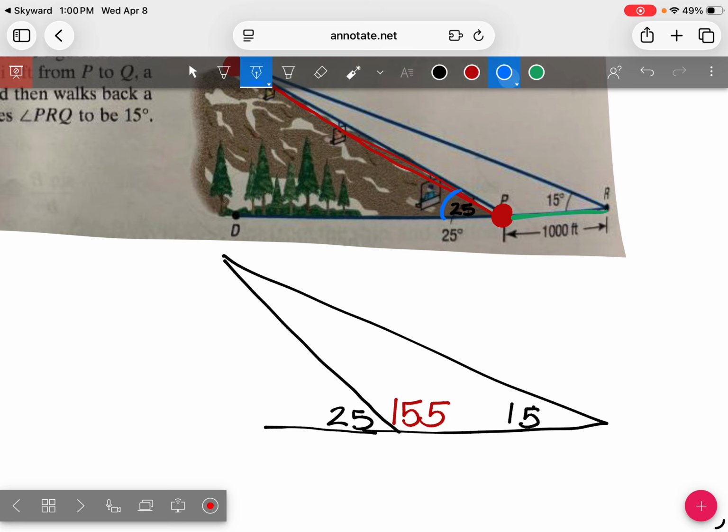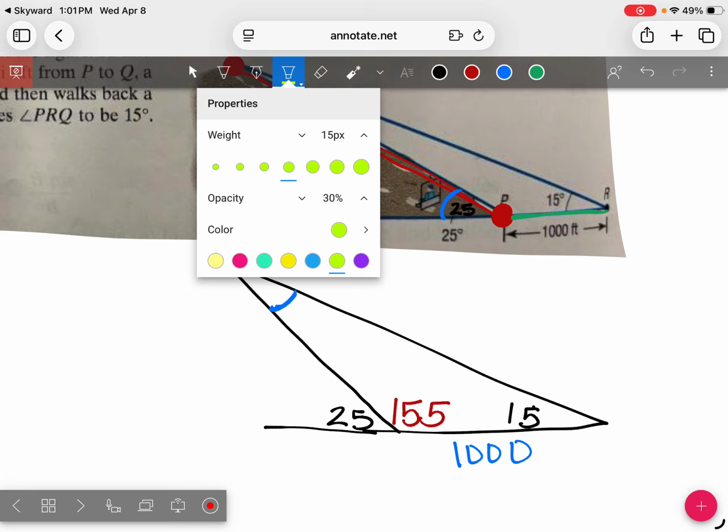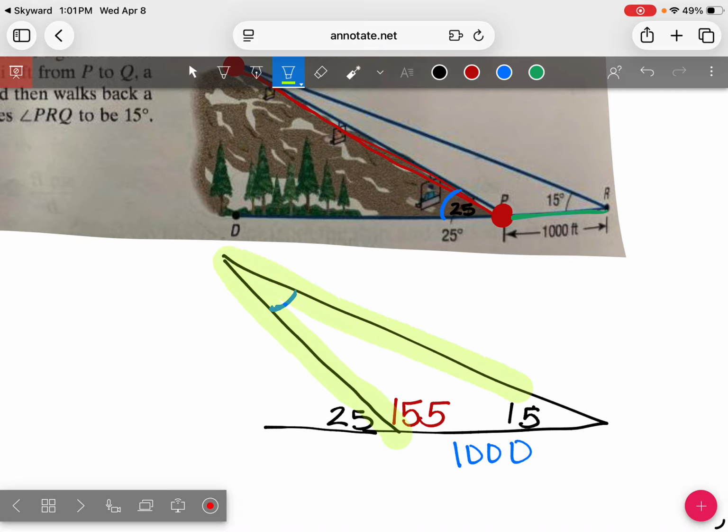All right, now I know that this side is 1,000, but I'm still trying to find this angle. But remember, this is a triangle right here. And what do we know about the angles inside of a triangle? They always add to what?